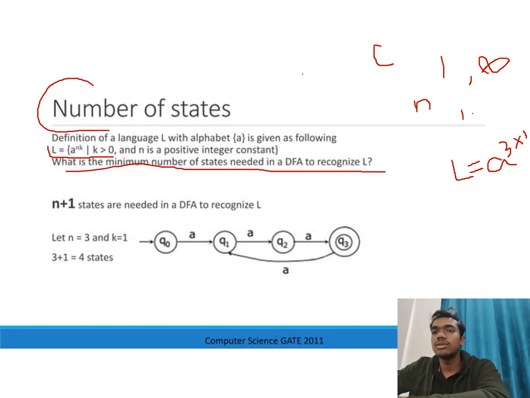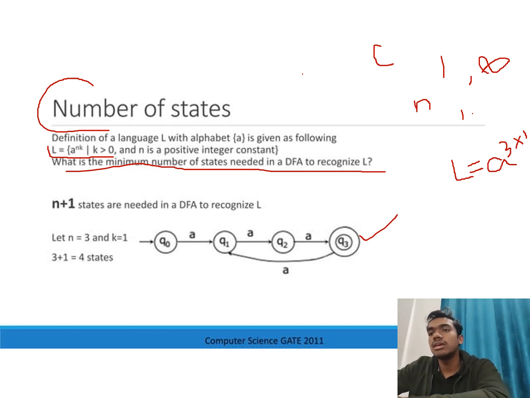In the state q0, if A is coming, no problem, it goes to the next state. Again A is coming, no problem, again it goes to the next state. Again if A is coming, it goes to the final state.